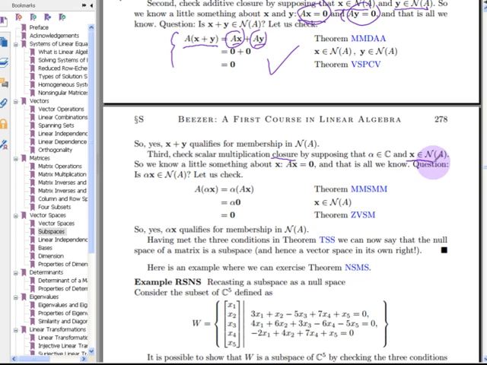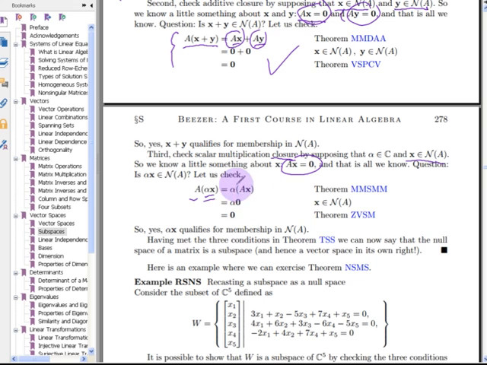So that means that we should suppose that x is in the null space and show that any scalar multiple times x is also in the null space. Okay? So we're supposing x is in the null space, which is the same thing as supposing that Ax is equal to 0. And we want to show that αx is also in the null space. So we want to show that the matrix A times αx is also equal to 0. Let's do it. A times the vector αx.